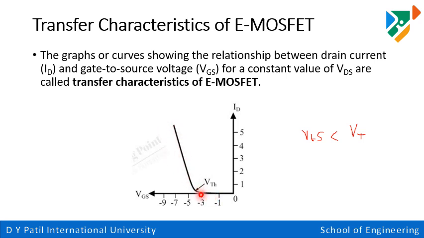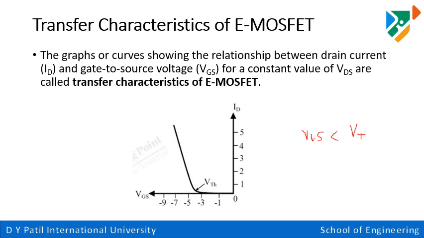Then next, for VGS greater than VTH, your drain current increases sharply with increase in VGS. That means your MOSFET is now turned on. So what did we explain in the transfer characteristics? As long as my VGS is less than VTH, my drain current is zero. Once my VGS reaches this threshold voltage, your drain current increases linearly and your MOSFET gets turned on. Again, if we compare these transfer characteristics, it is exactly the same case, but the polarities get opposite.